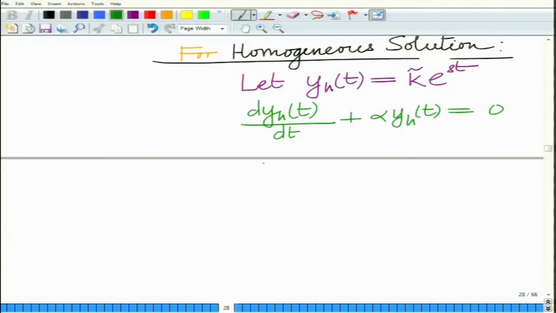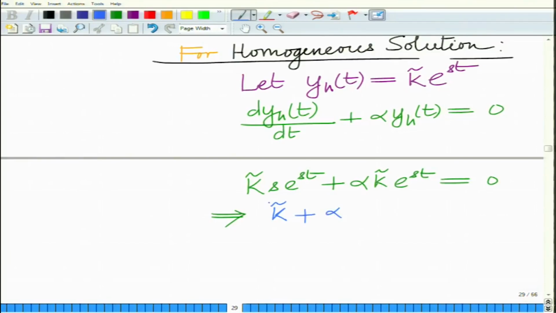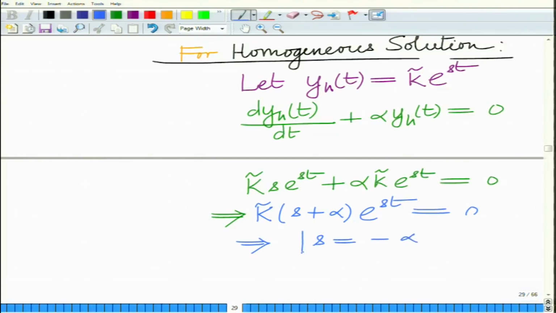So, now differentiating y_h(t), we have k tilde s e power s t plus alpha k tilde e power s t equals 0, which implies k tilde (s plus alpha) e power s t equal to 0, which implies s equals minus alpha.